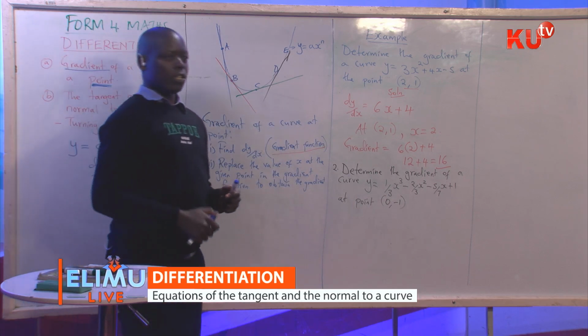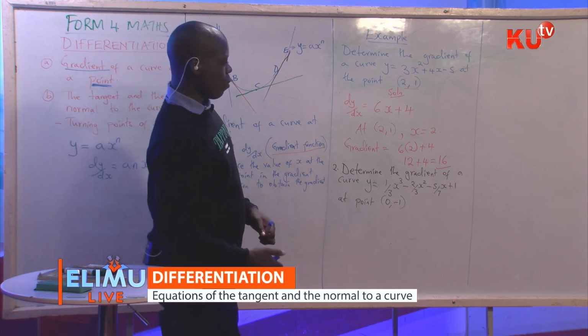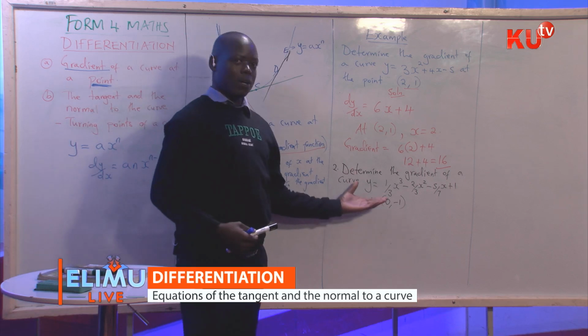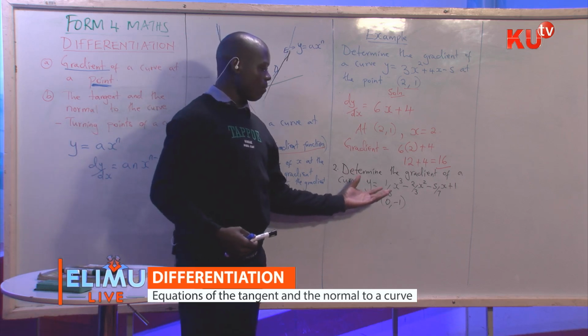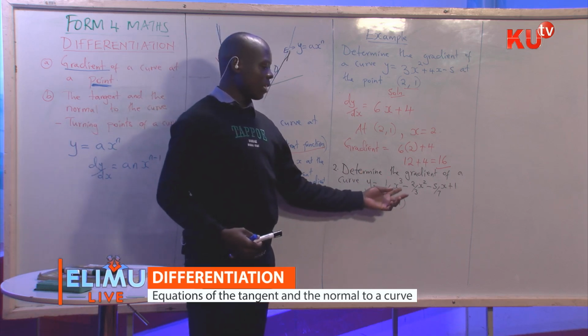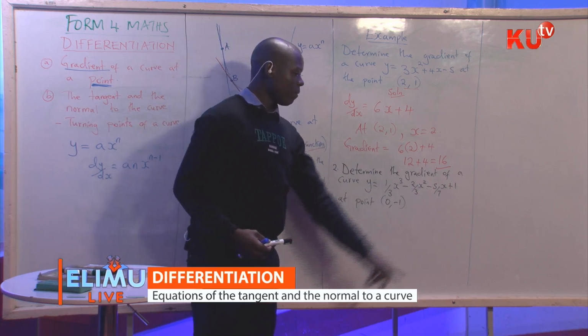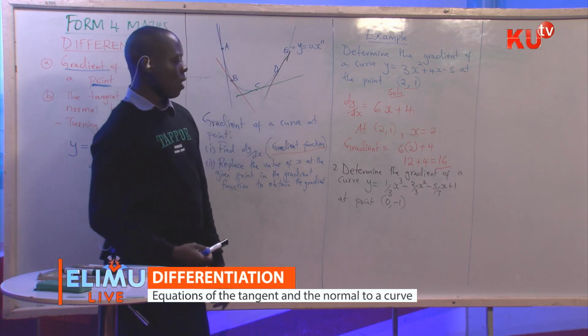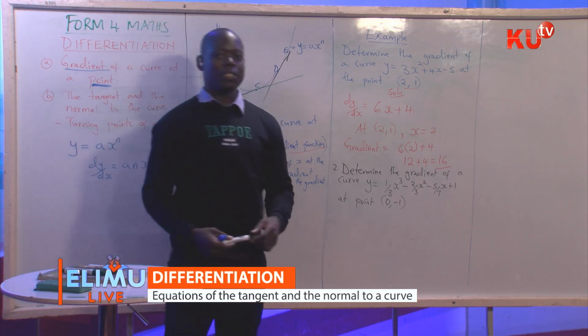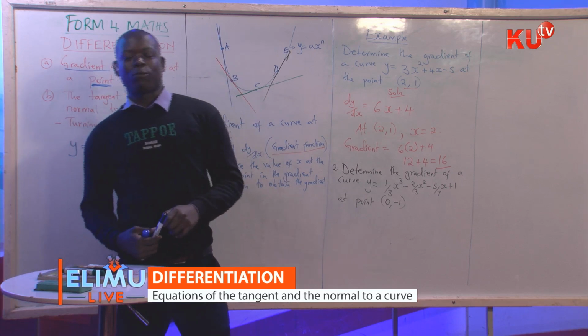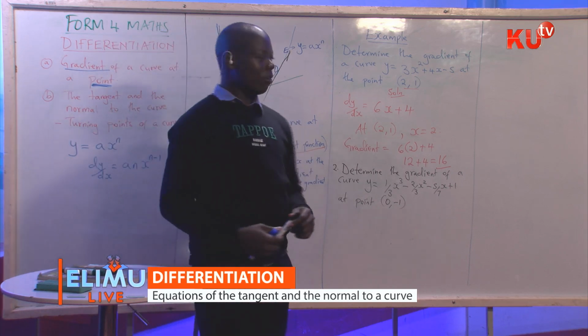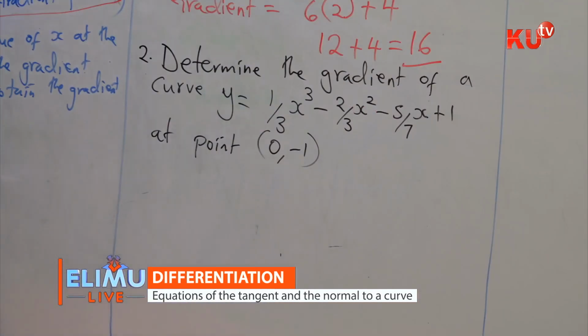Determine the gradient of the curve y is a third x cubed less 2 over 3x squared less 5 over 7x plus 1 at the point 0, negative 1.